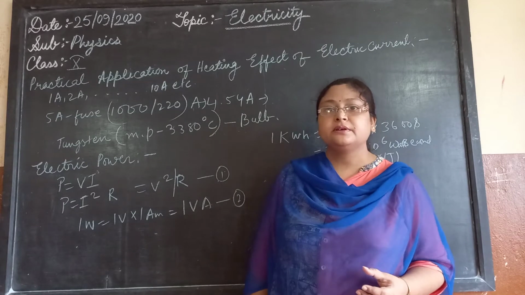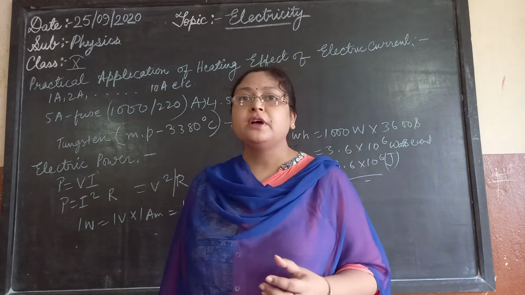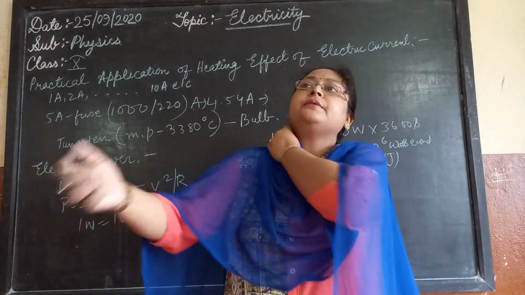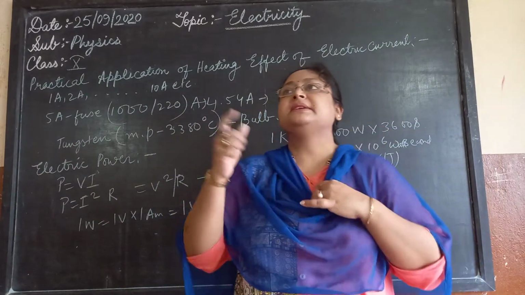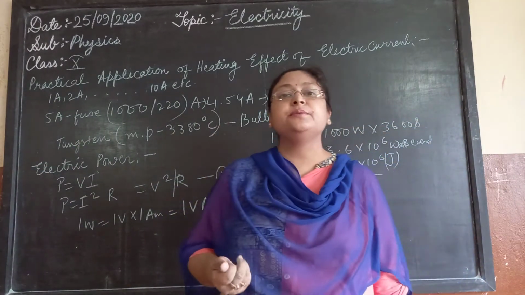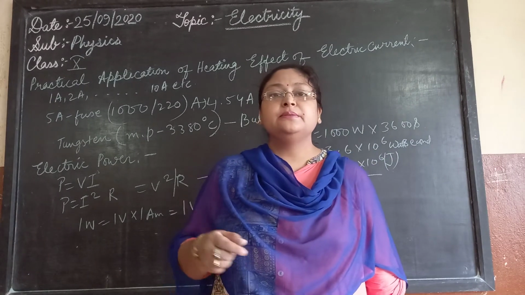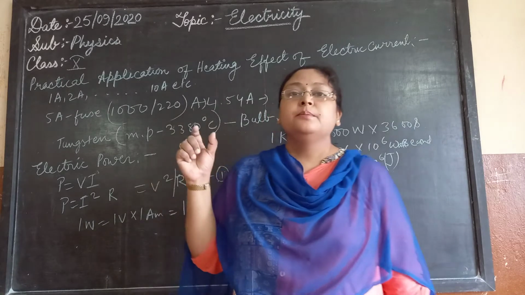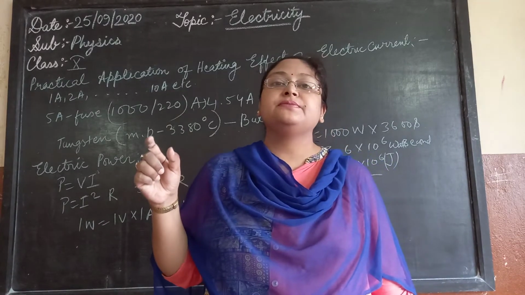Or the bulb blows off. Take a bulb: what is the material used? Tungsten is used, and argon is filled inside the bulb, which makes the bulb glow when it becomes very hot.